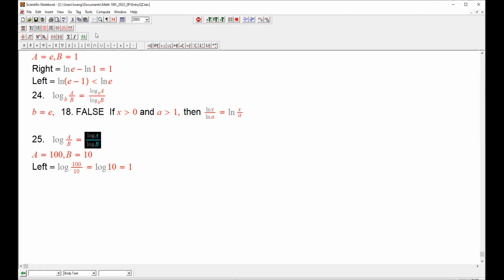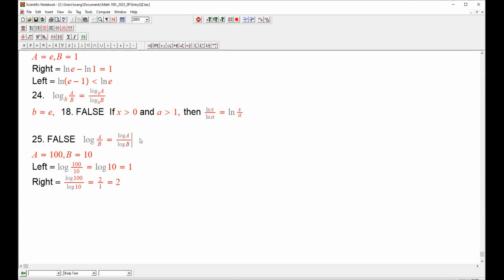And on the right-hand side, log 100 is 2, divided by log 10, which is 1, so that's 2. 1 is not equal to 2, so this is false.